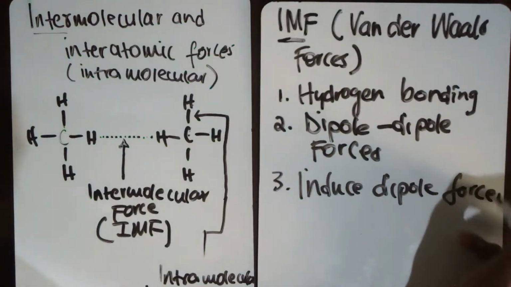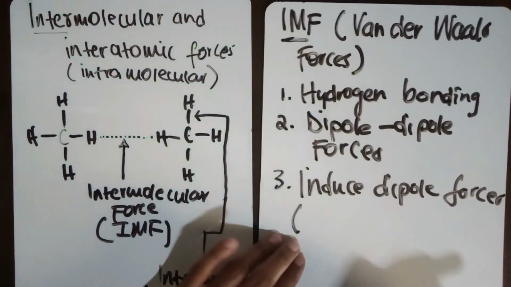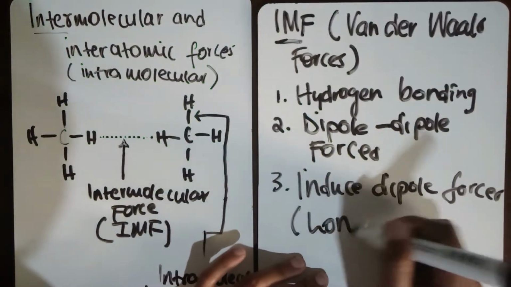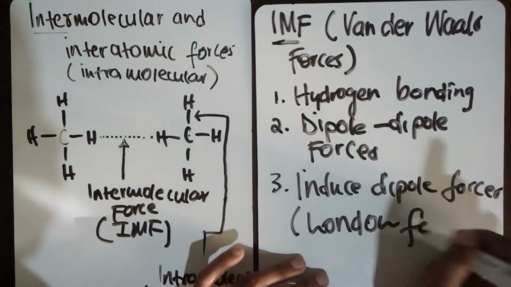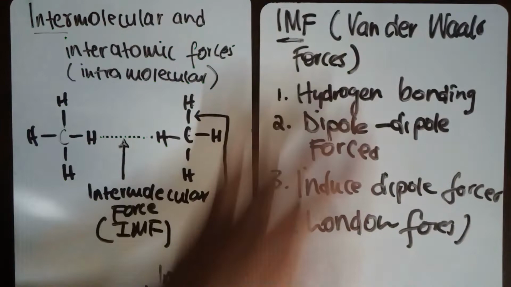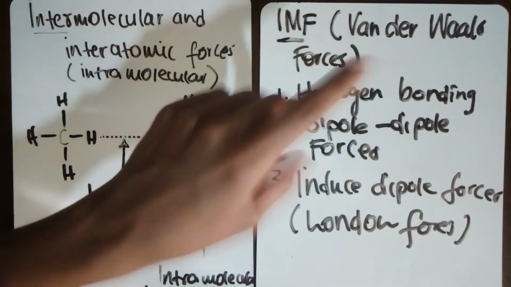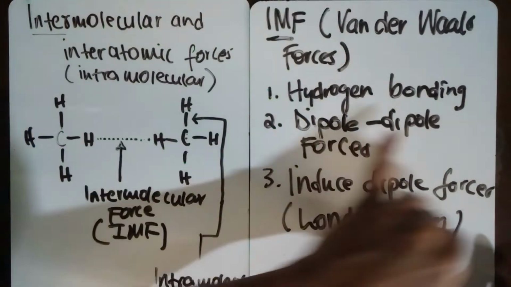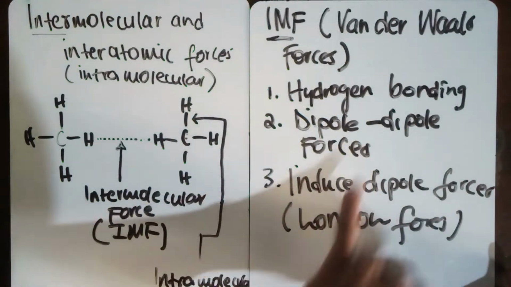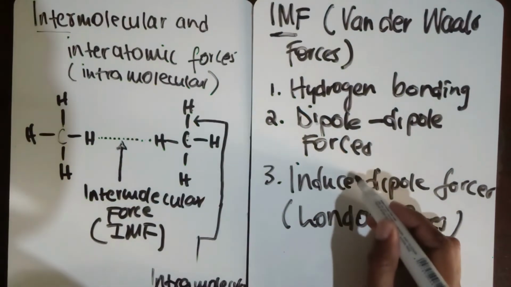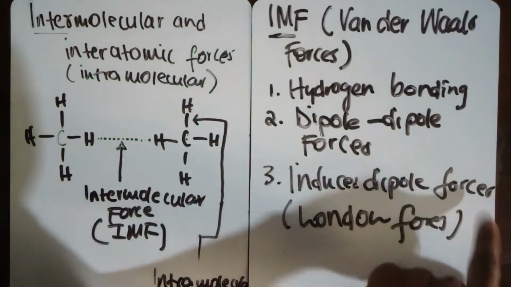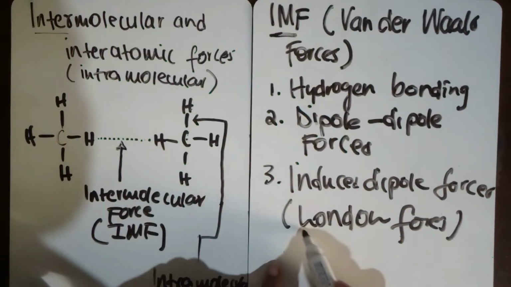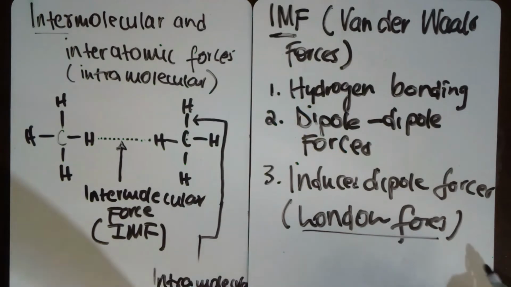And sometimes these induced dipole forces are referred to as London forces. So those are the three types of intermolecular forces that we're going to talk about: hydrogen bonding, dipole forces, as well as induced dipole forces, or what is normally referred to as London forces.